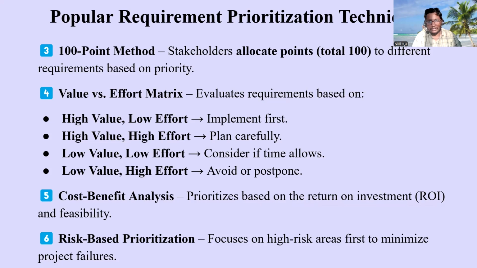You can also do prioritization with the help of cost benefit analysis or risk based prioritization. I didn't use risk based prioritization anytime in my life. But let's see, even as a filmmaker, I write scripts also. While shooting, I use MoSCoW as well as the value effort matrix in order to make the scheduling.